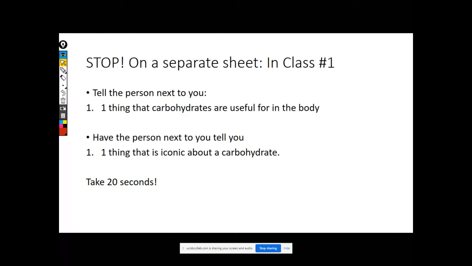Either get out a piece of paper separate from the notes you're taking, or open up a brand new Microsoft Word document. Okay. At the top, you're going to say in class activity number 1. And then you're going to label the first section carbs.